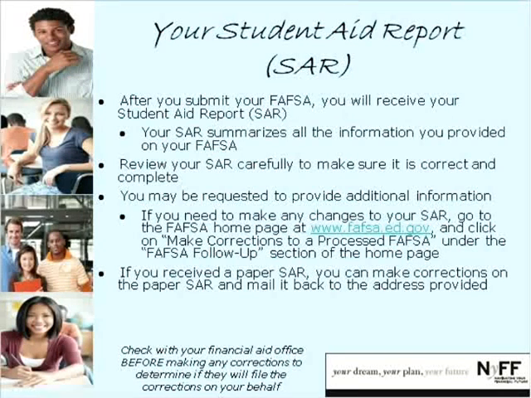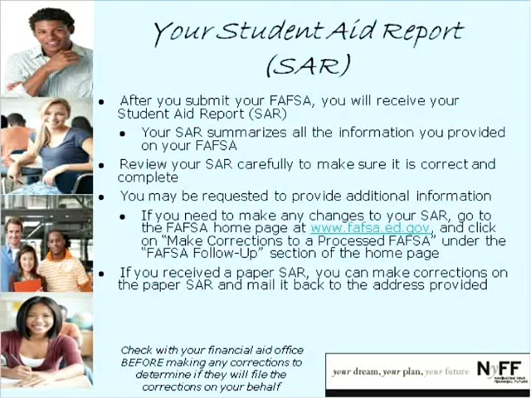So when you get your student aid report back, you're going to look at it, make sure it's correct. If you have to provide additional information or make any changes, you can do that online. My only recommendation is before you make any corrections, contact the financial aid office of the school that you're planning on attending.